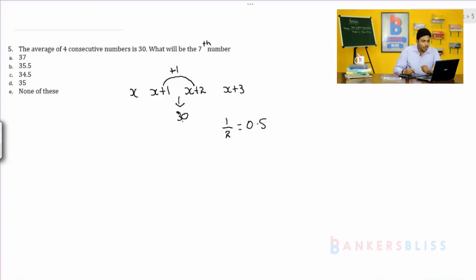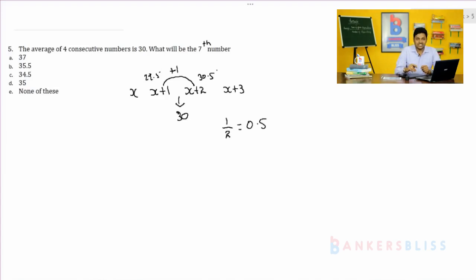If you add 0.5 to 30, you will get the value of x plus 2. So 30 minus 0.5, 29.5, is the value of x plus 1, and 30 plus 0.5, 30.5, is the value of x plus 2. So 28.5, 29.5, 30.5, 31.5, like this the series continues. So the series is in AP.